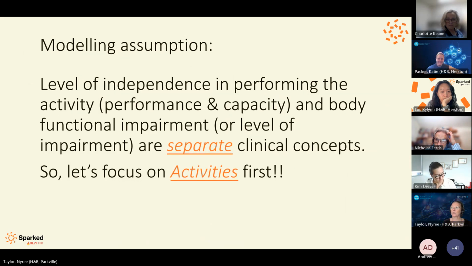So we started to have a position of making a modelling assumption that the level of independence in performing the activity, so that performance and capacity, and the body functional impairment or the level of impairment are separate clinical concepts.